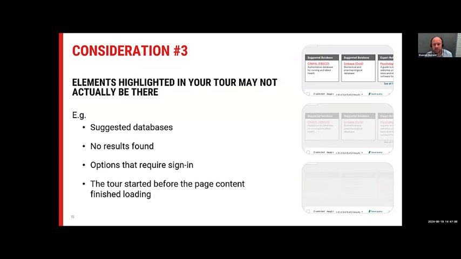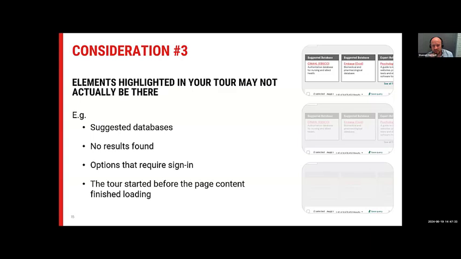For example, if the user's search didn't show any suggested databases and you skip the step that talked about that, then when they next perform a search, perhaps they will get some suggested databases. And because they've already done the tour, they may not do it again. So they would actually miss out on that content.